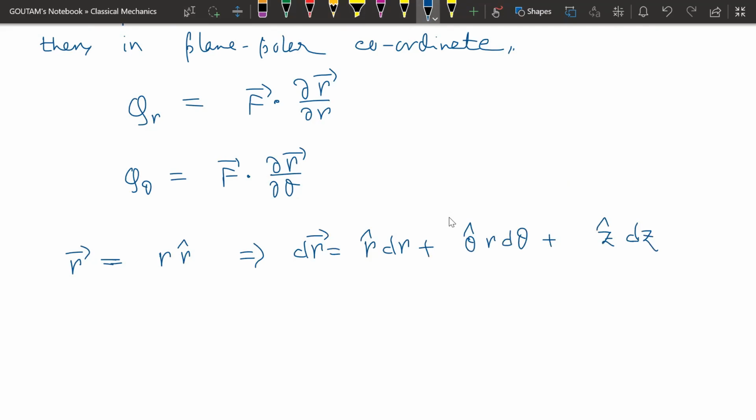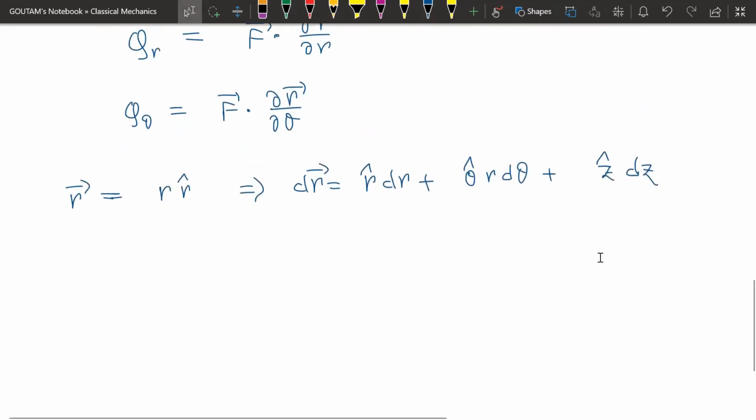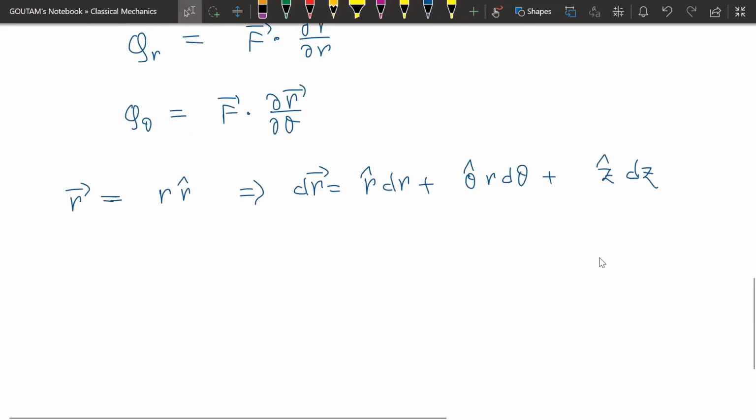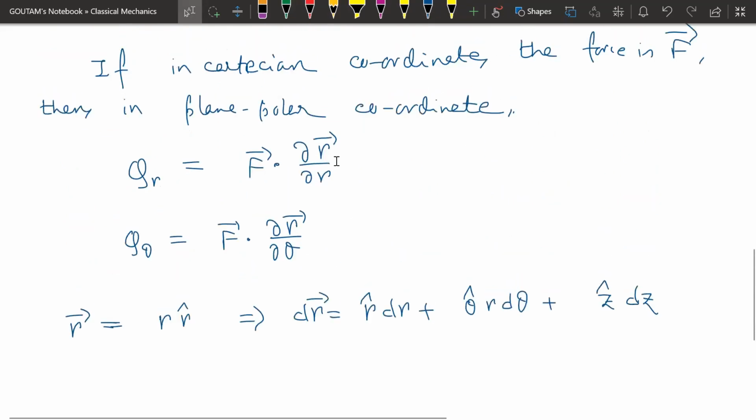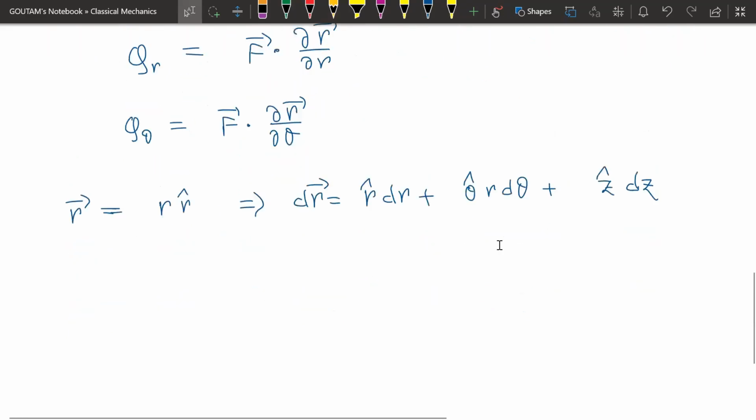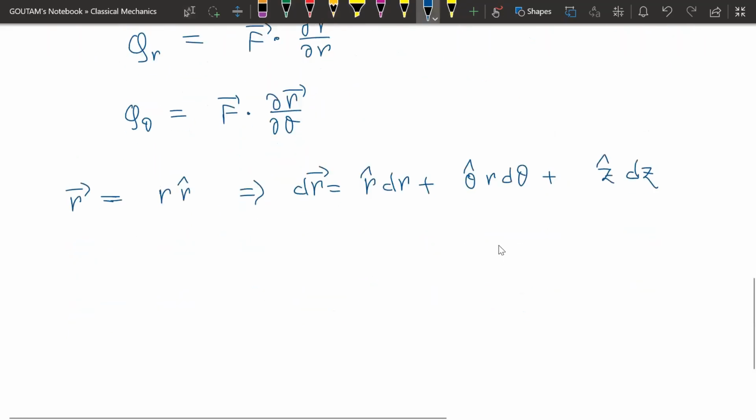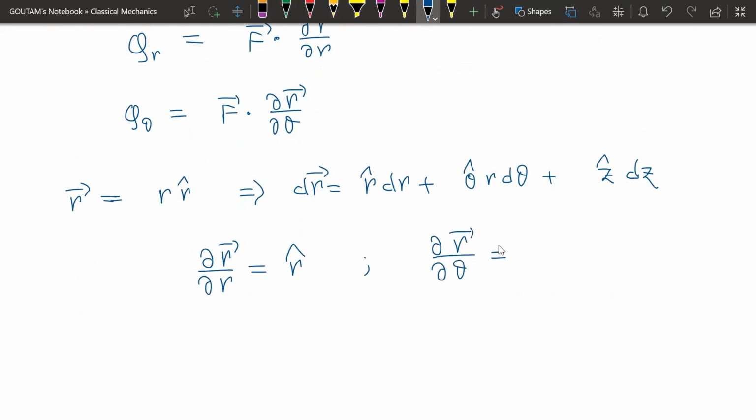But since we are in plane polar coordinates, we will not talk about the z component. It is not necessary in our problem. So ∂r vector/∂r will be r hat, and ∂r vector/∂theta will be r theta hat.